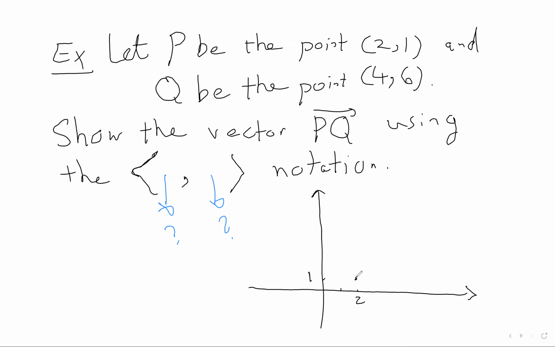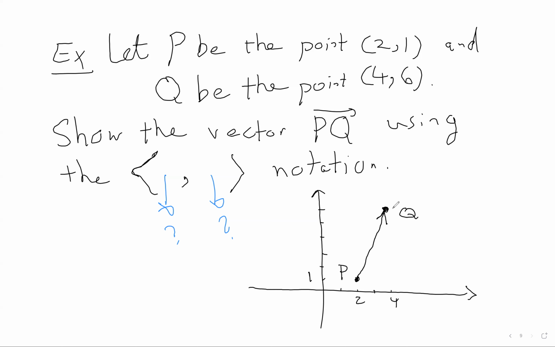So the initial point is here. The end point is 4 and 6. So like here, this is P, 2, 1. This is Q, 4, 6. And I want to show this vector PQ using the notation that we talked about earlier.